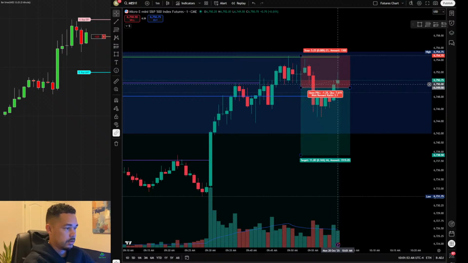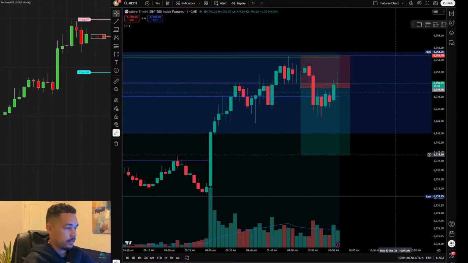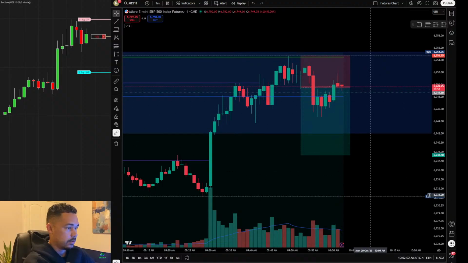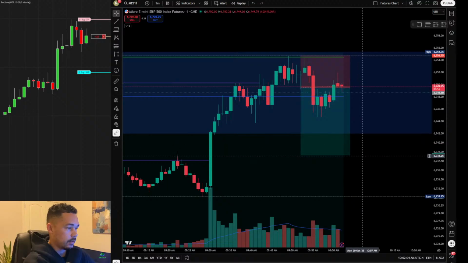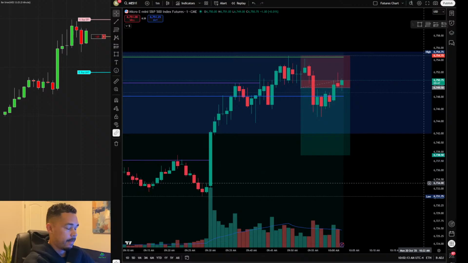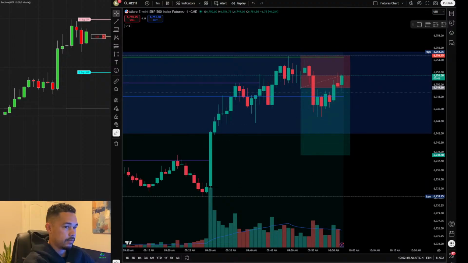If anything, I would like to see a rejection coming off of this candle with a strong bearish surge of volume coming in, if we're going to do anything. If not, then the trade is basically off. Yeah, the buying pressure is a little too much.